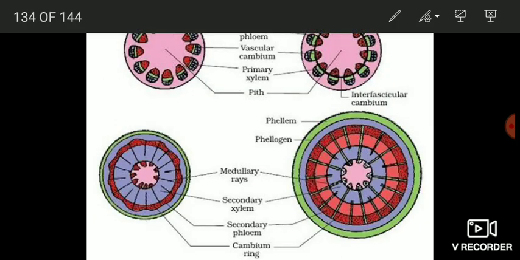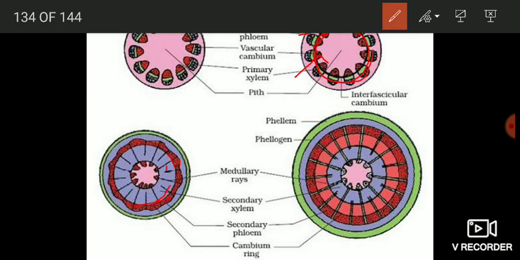Here you can see this is the complete ring of vascular cambium. It will divide continuously and add cells both towards the inner side and towards the outer side. Here you can see this line which separates the red band and the blue band; it represents the vascular cambium.